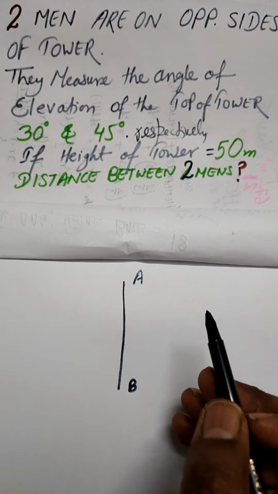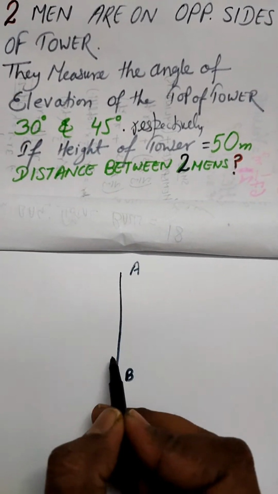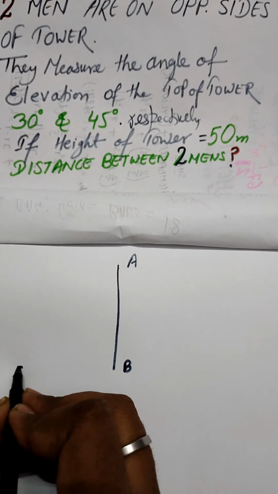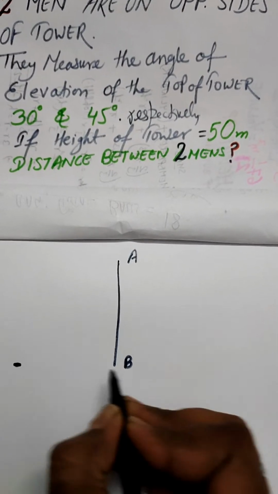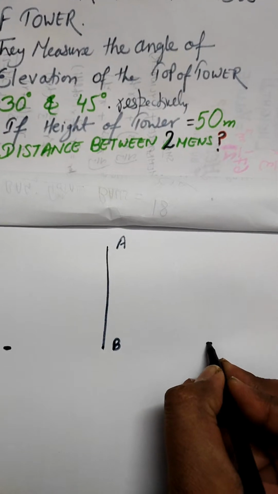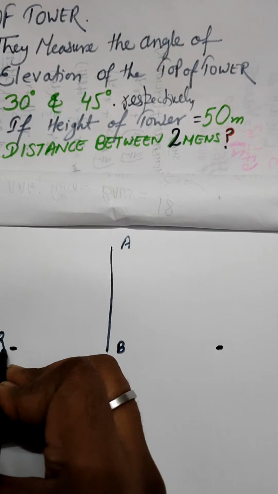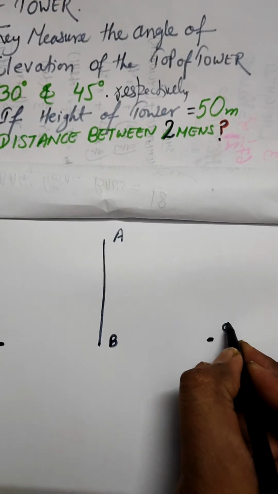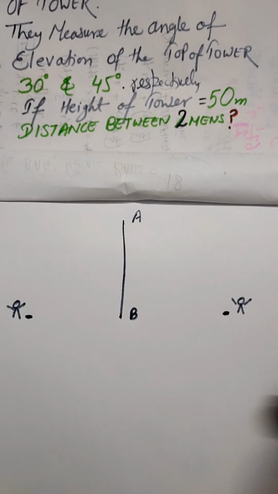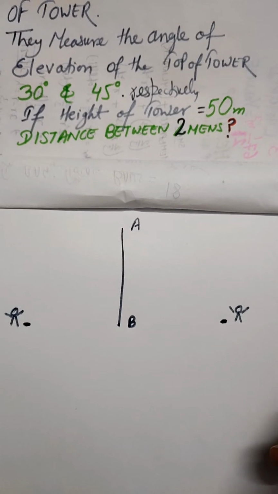One man is standing on one side of the tower, let's say here on the left, and one man is standing on this side of the tower, like here. So these two men are standing over here and here. Now we need to find the distance between the two men.